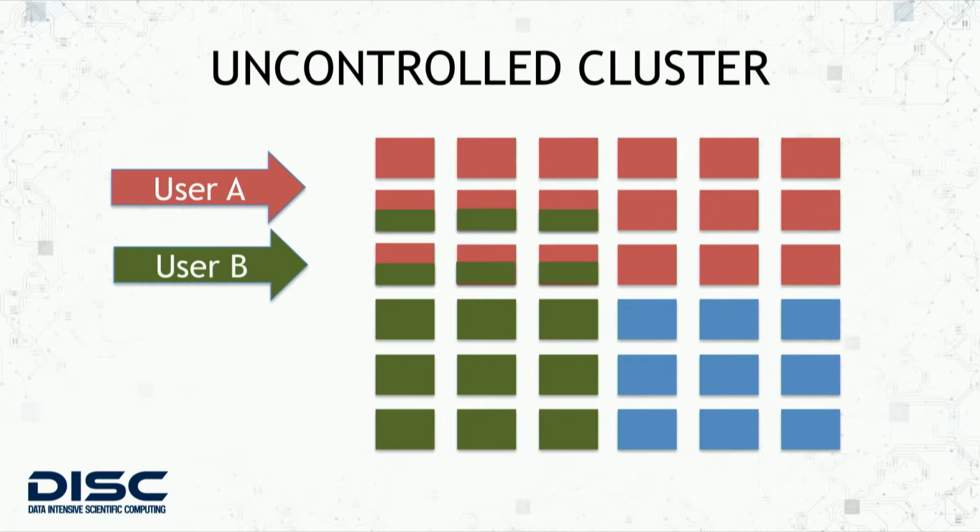Well, now user B comes along, and user B has no way of knowing which part of the cluster user A is actually using. So maybe user B also wants about half of the cluster, but picks a different slice of it. Down here, user B is getting some nodes all to herself, but up here, user A and user B are in conflict because they're both trying to use the same machine simultaneously.